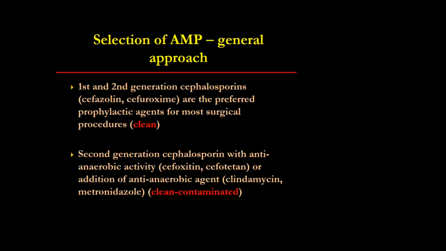So keeping that in mind, generally the choice is first and second generation cephalosporins, and second generation cephalosporins with anti-anaerobic cover like cefoxitin or cefotetan, or with addition of separate anti-anaerobic cover like clindamycin or metronidazole might be preferred in clean contaminated wounds.